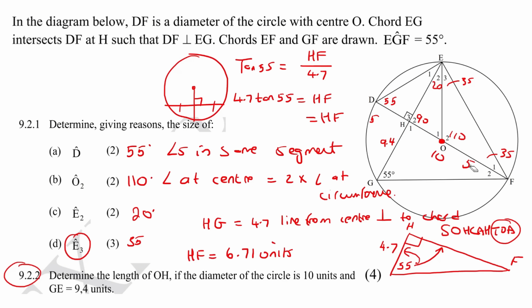So we know this whole length here is 6.71, and this piece here is 5. How would you get OH? Well, OH is going to be 6.71 minus 5, and that would be 1.71 units.